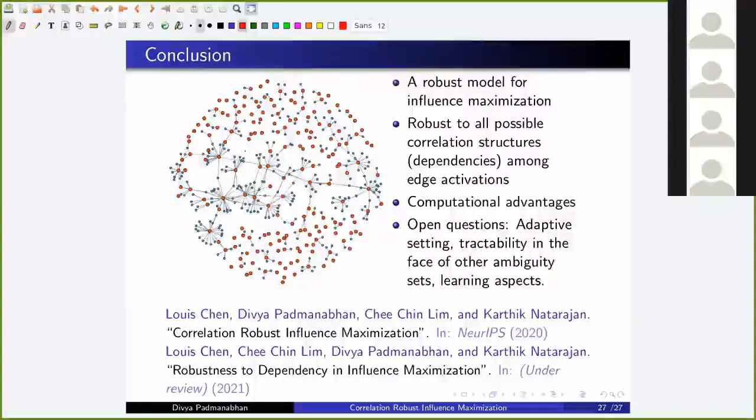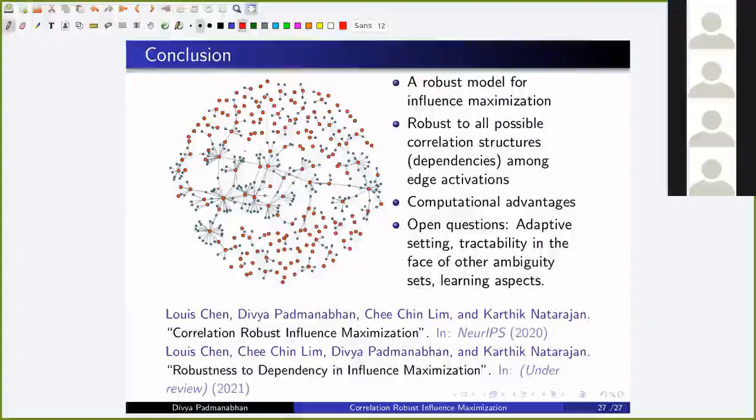And also in the context of robustness, there are different families of distributions that people use. Here I showed you one particular family, which is the set of all joint distributions consistent with the marginals. Now, there are many other ambiguity sets.